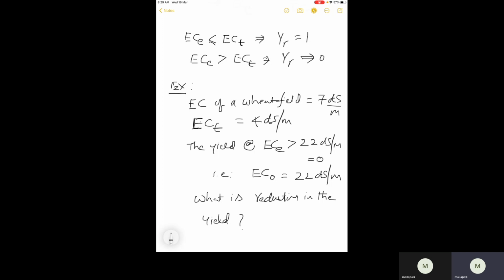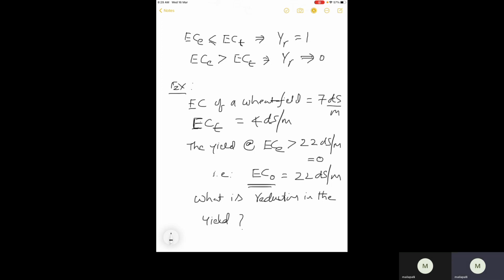So that's the threshold. And then there is a zero yield, right? Zero yield can happen for a soil electrical conductivity or salinity of 22 deci per meter. So that will be EC0.